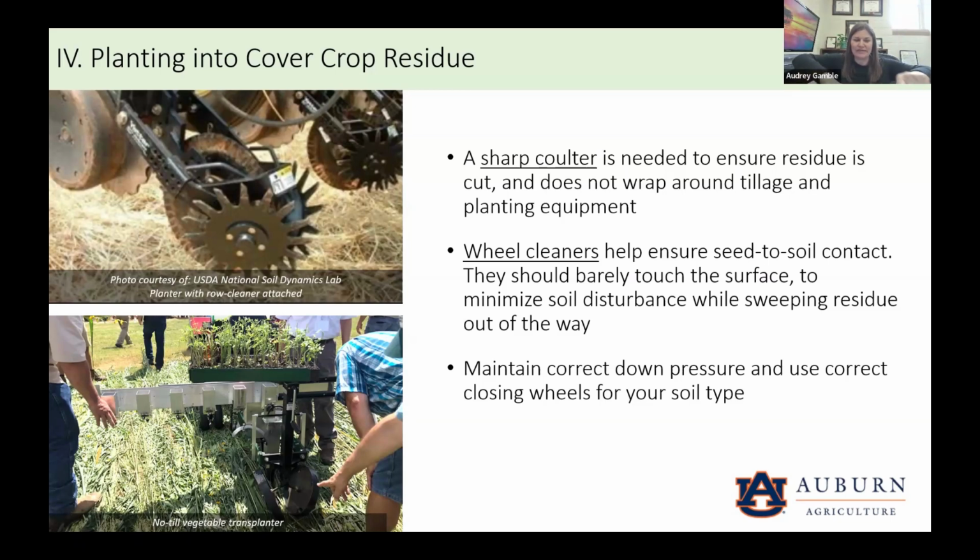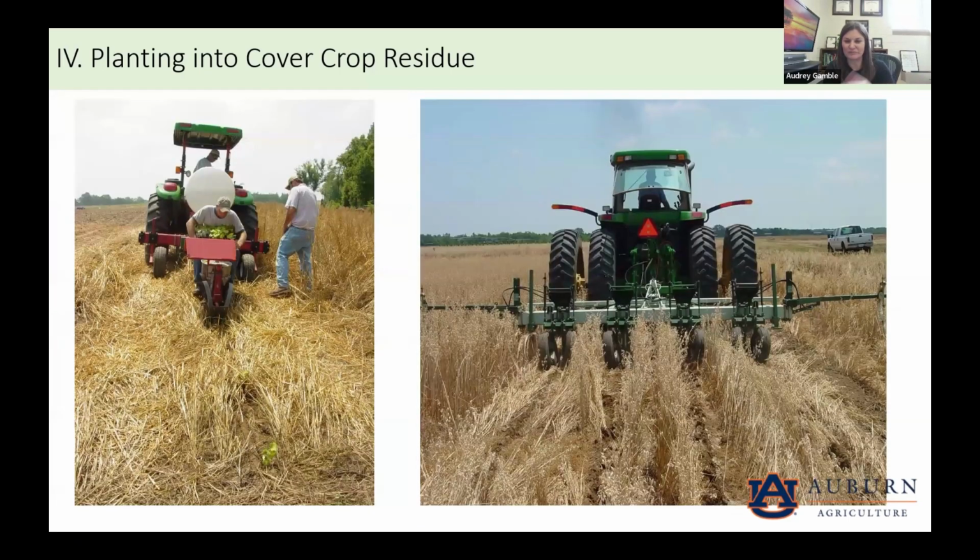So again, this is a little bit more difficult to find equipment that's already manufactured for no-till. I don't know if anyone else on the call has any suggestions there, but a lot of times equipment can be modified in order to plant through a higher residue cover crop. These are just a couple more pictures.